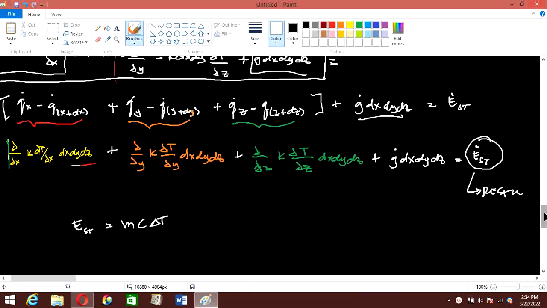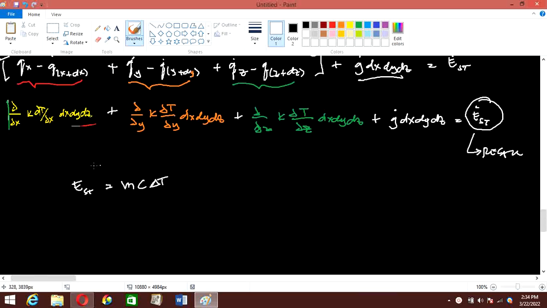You remember this expression. But since we're dealing with a time basis, we need to express this in a certain time. So we now have the rate. Expressing this, we have mc, and since we are talking about the derivative here, we need to take the partial derivative of the temperature with respect to time, right? Because we are now on a rate basis.